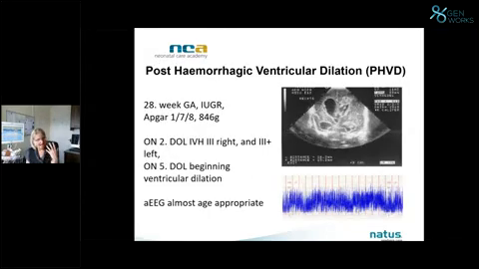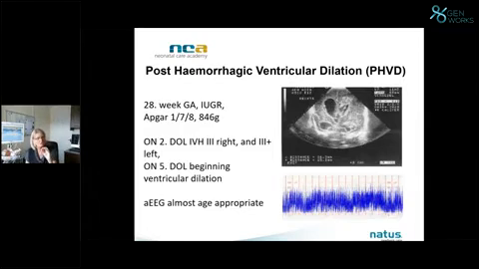Now, this is a case study. This is an infant with a post-hemorrhagic ventricular dilatation. So this is a 28-weeker with intrauterine growth retardation, born with APGARs of 1, 7, and 8, weighing 846 grams.